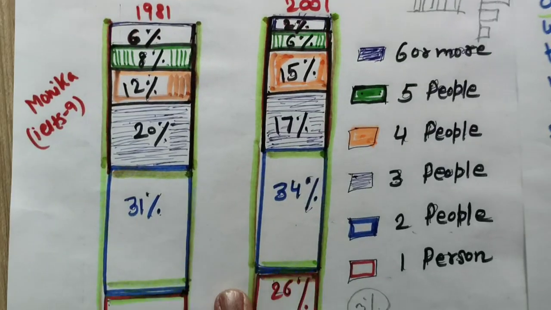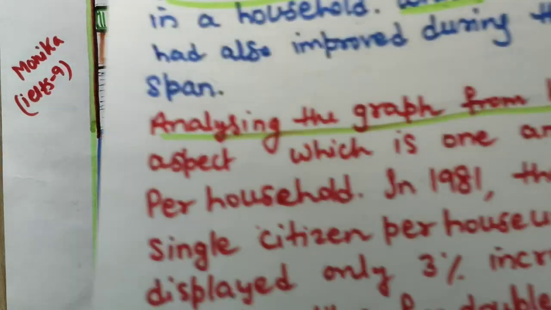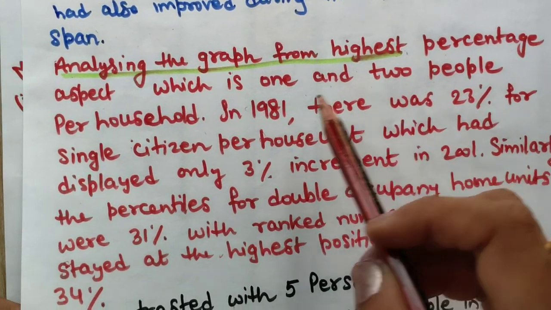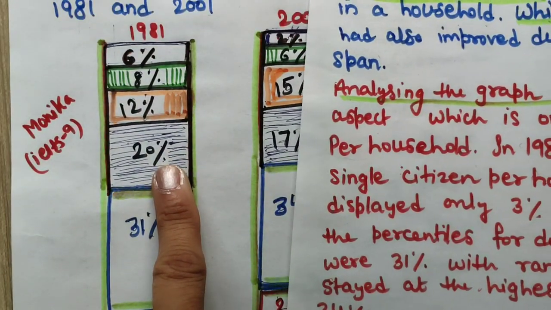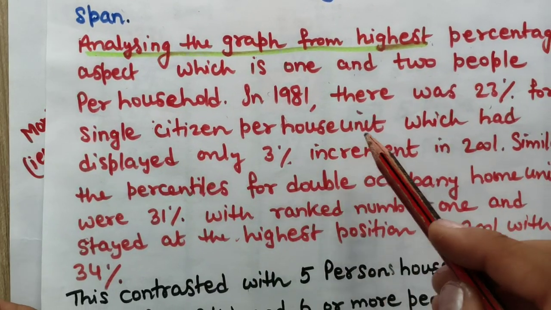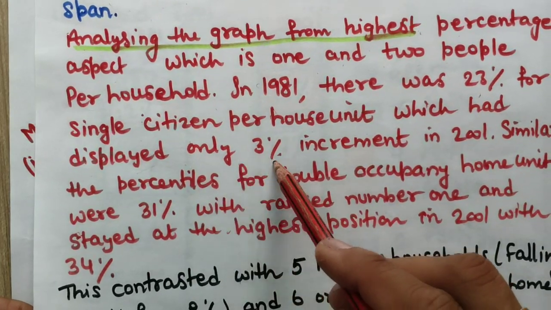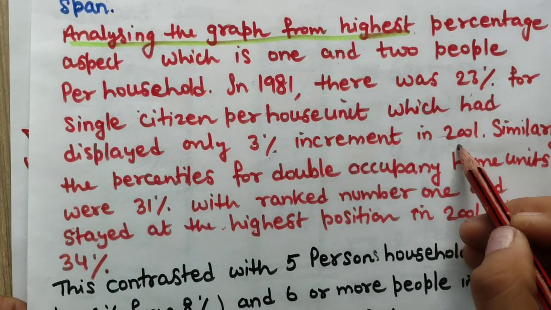See this, 1 and 2, the red one is 1, the blue one is 2. Okay, 1 and 2 people per household in 1981. Now I am starting with 1981. There was 23% for single citizens per house unit, which had displayed only a 3% increment in 2001.